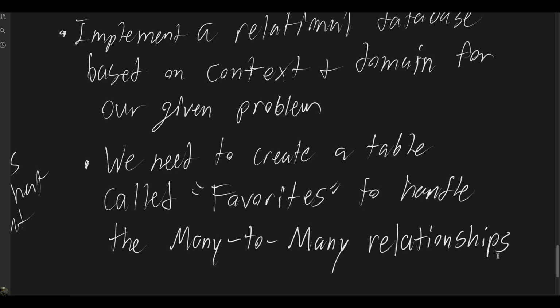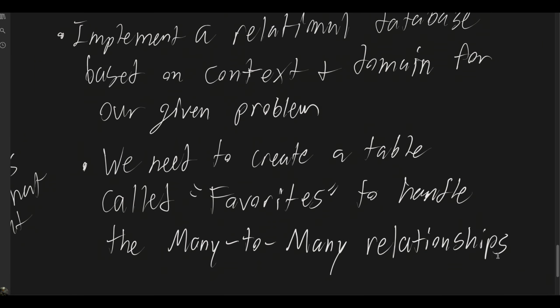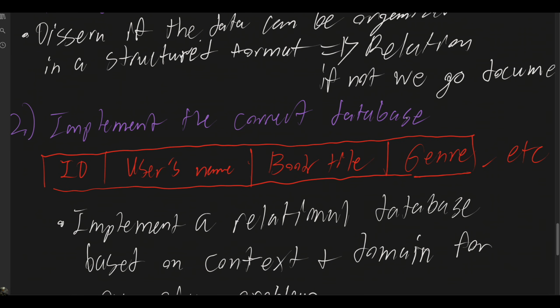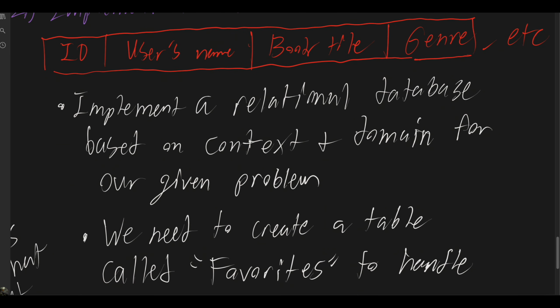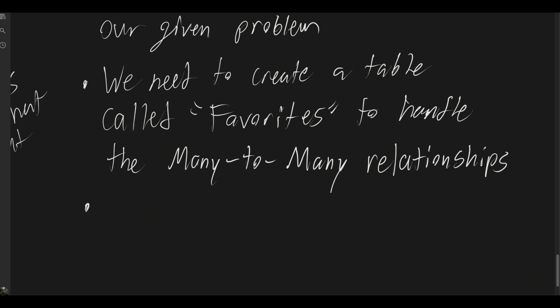This table would have IDs and foreign keys that also pertain to the user's name, the book title, and their genre at the same time, to enable a simple and efficient way to manage the relationships.